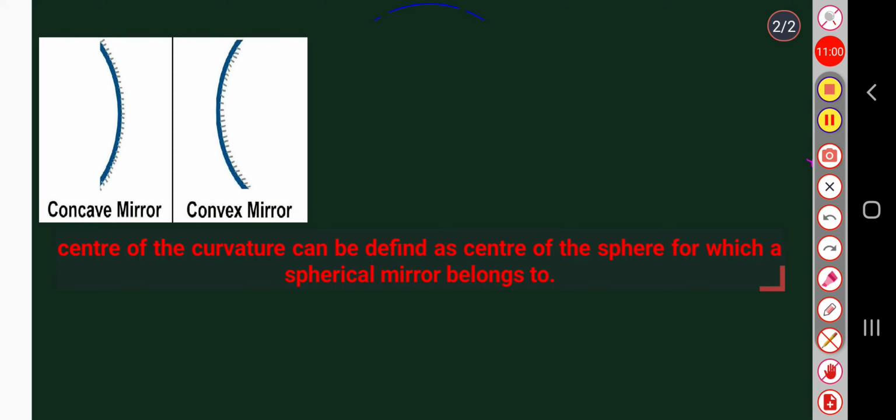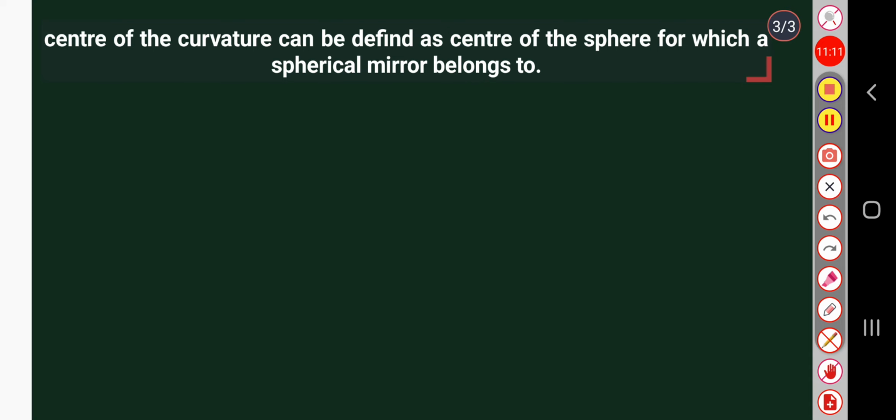Then how do we find the center of curvature for spherical mirrors? For that you have to do a small activity. Take a small piece of thin foam or rubber. It may be anything; I am taking a rubber foam.